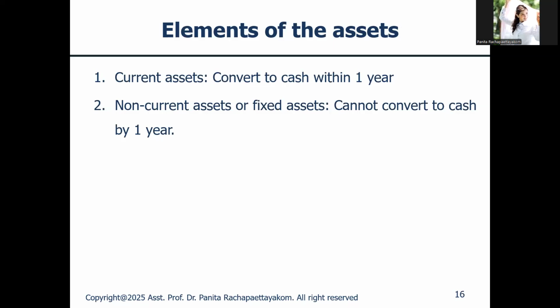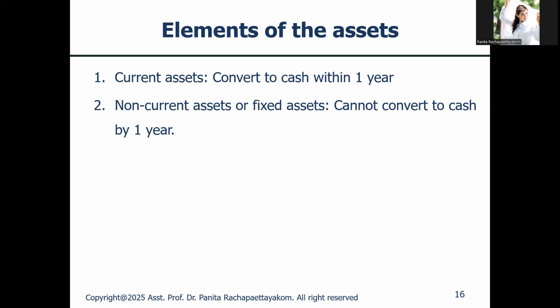The concept is that if you can convert the asset into cash within 1 year, such as cash or cash equivalents, account receivable, or inventory, we categorize it as a current asset.